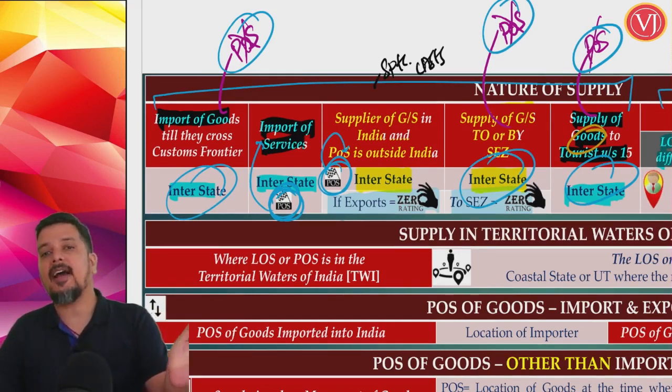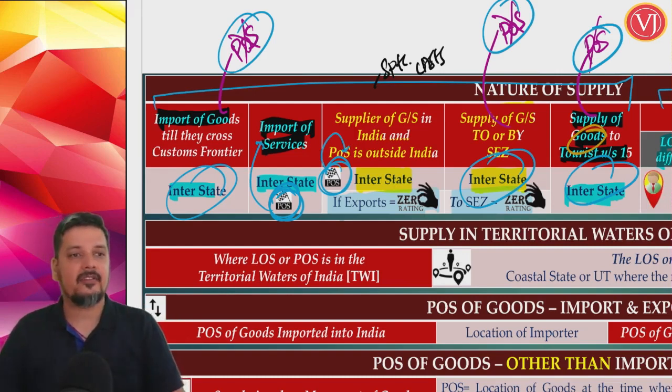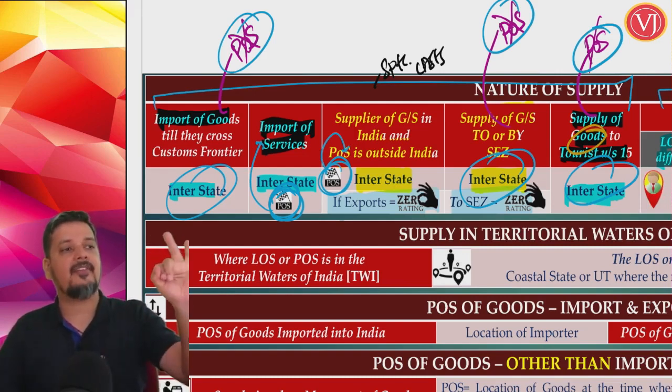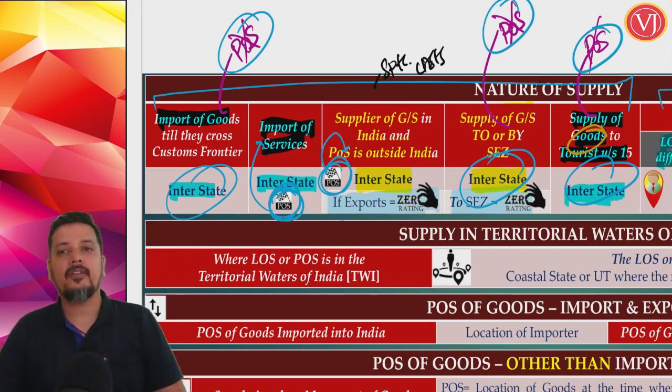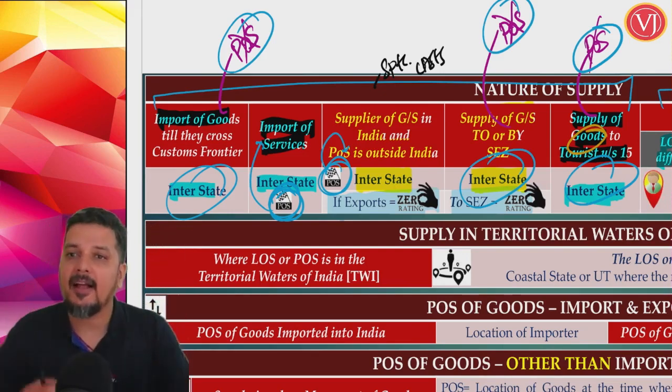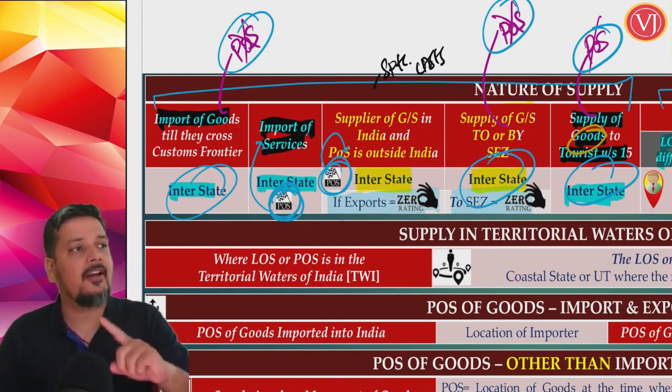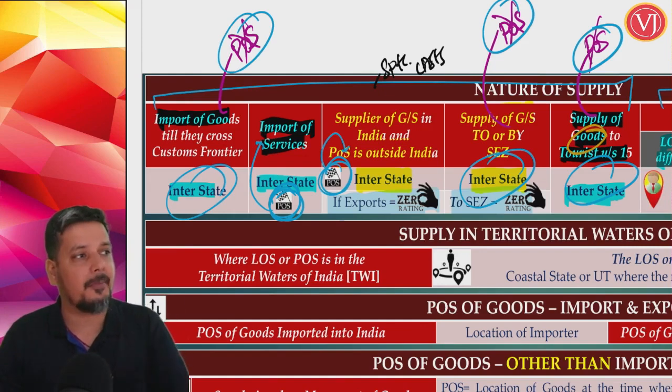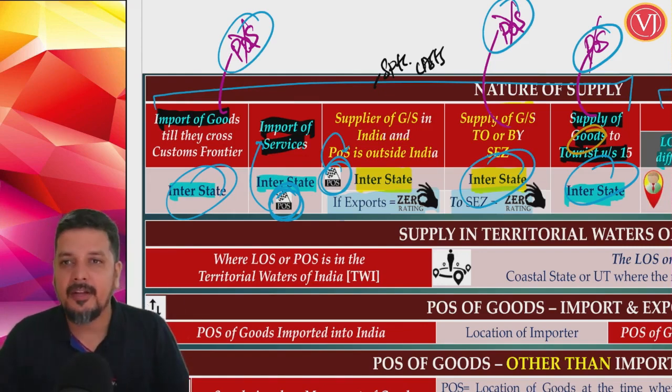Directly you conclude that they are IGST transactions: import of goods, supply by SEZ, supply to SEZ, supply of goods to a foreign tourist. By default, they are interstate supply, IGST transactions. You need not evaluate step number 1, location of supplier, or step number 2, place of supply.